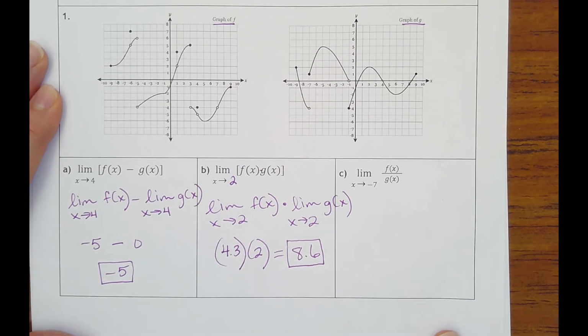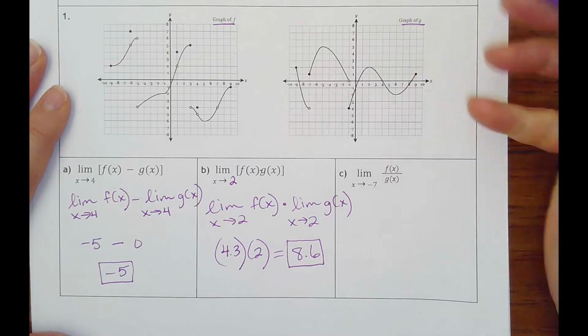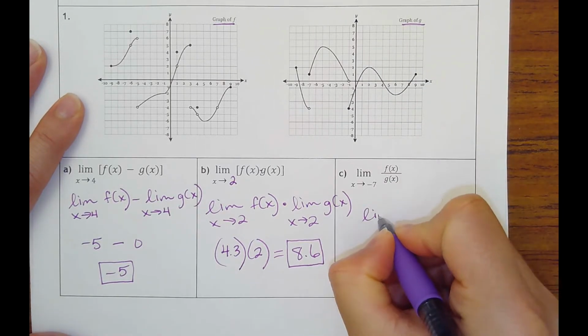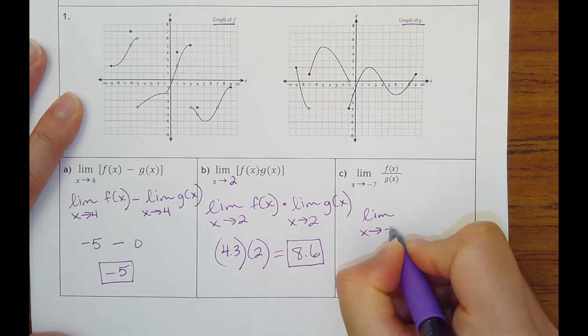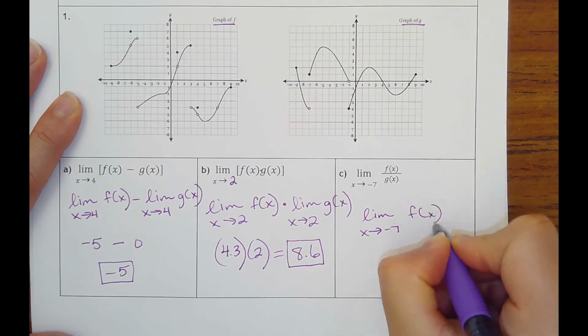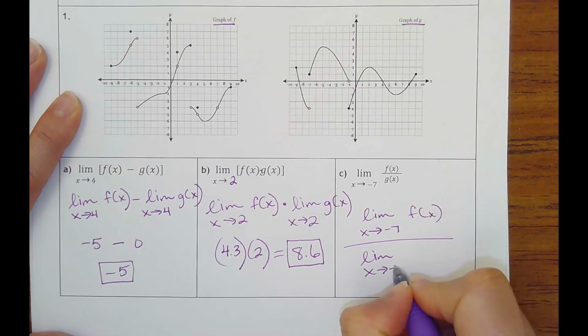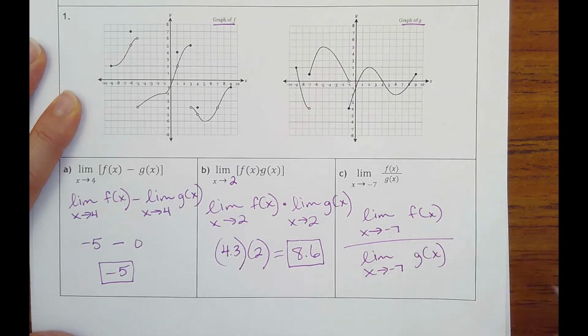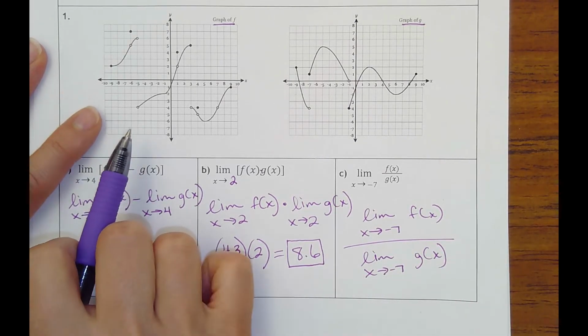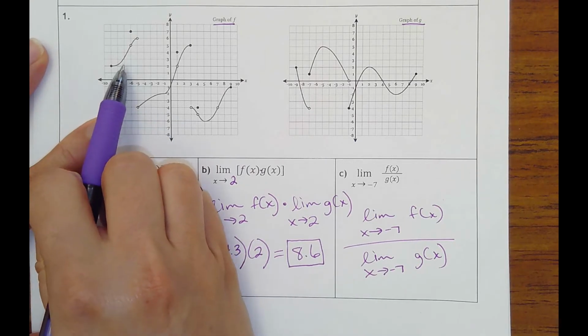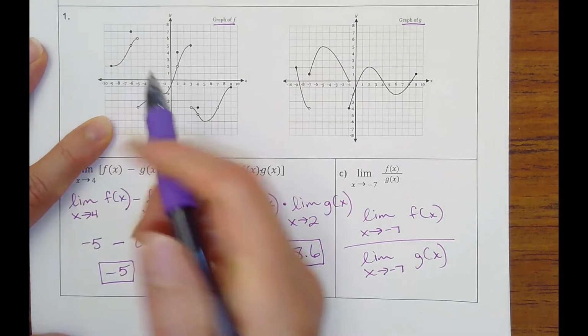All right, let's look at part C as we're approaching -7. Split this up first into your two limits. All right, for our f of x function as we're going to -7, I'll call that 3.